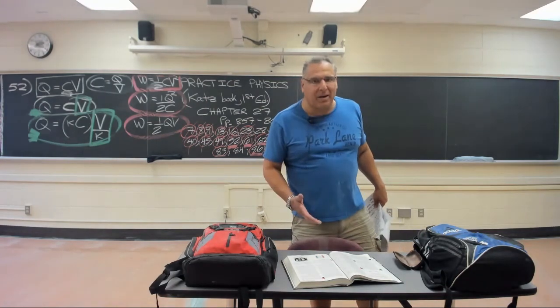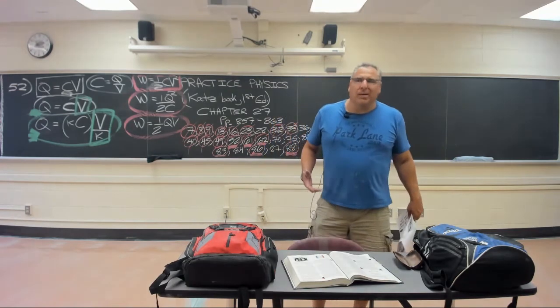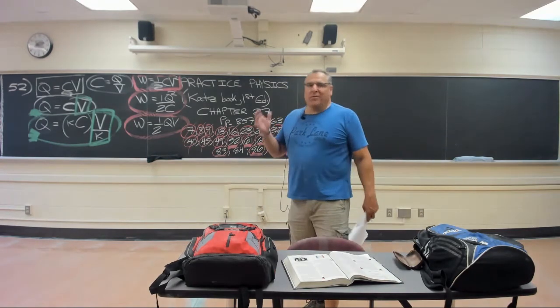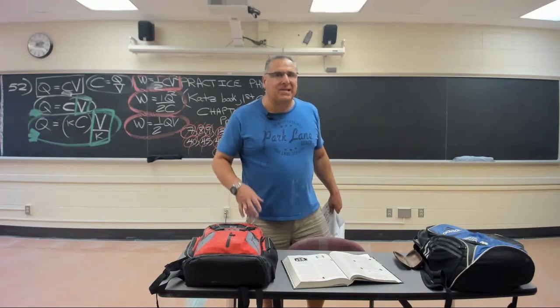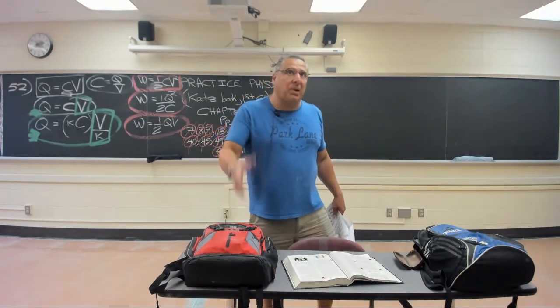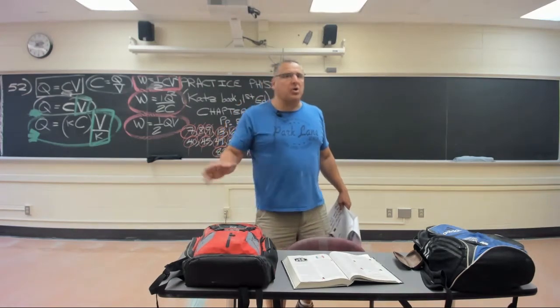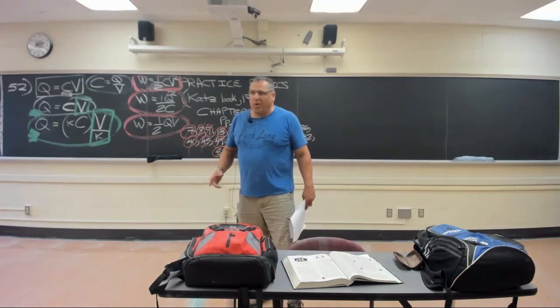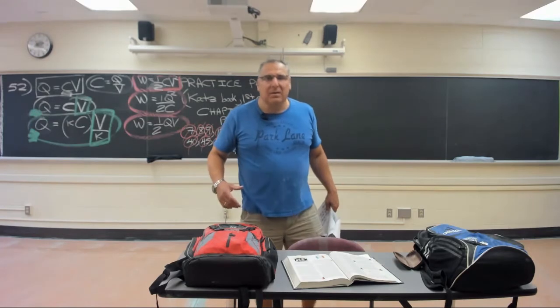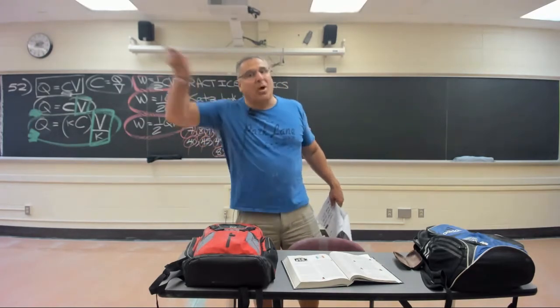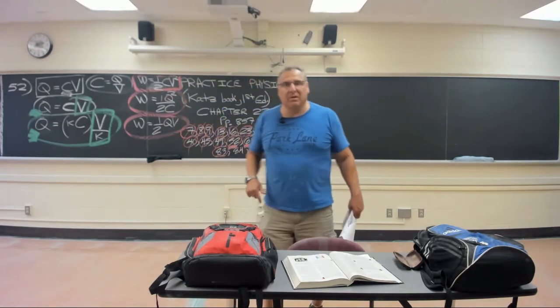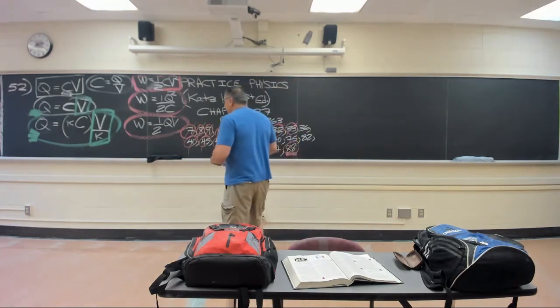Less work to get it done. Why is it less work? Because by the time you're done, you've only charged the plates to a potential difference which is V over kappa, which is kappa times less than what it would have been without the dielectric. So there's a smaller V there.